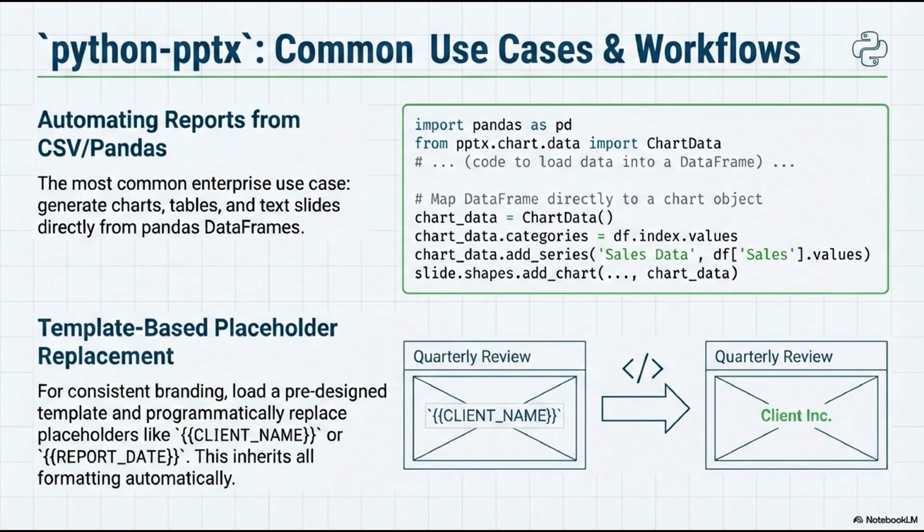We import pandas for data handling and chart data from Python PPTX. After loading your data into a data frame, you simply map that data to a chart data object, defining categories and adding series like sales data. Then with a single command, slide.shapes.add_chart, that dynamically generated chart is inserted into your PowerPoint slide. This ensures data accuracy and consistency, eliminating manual updates.